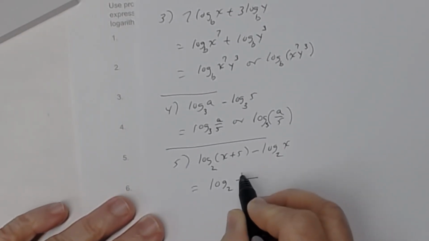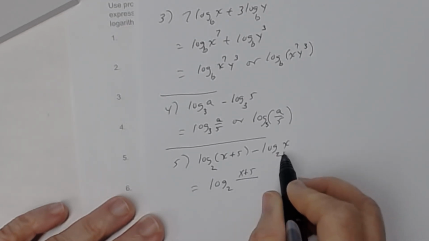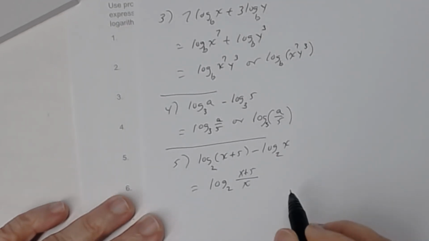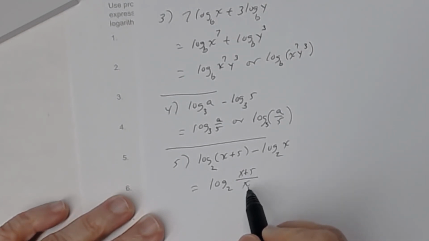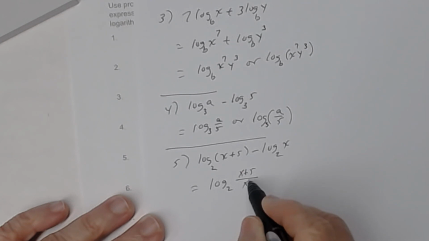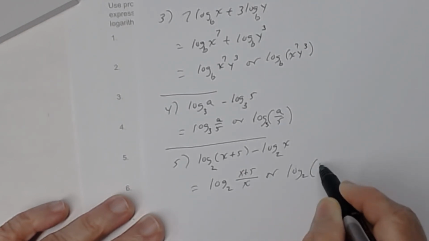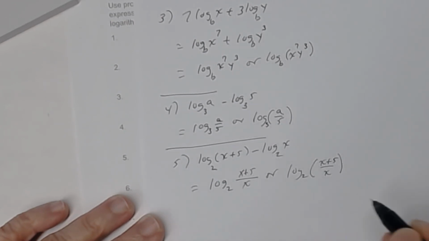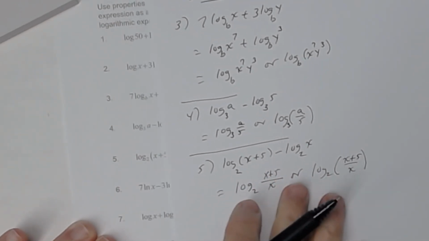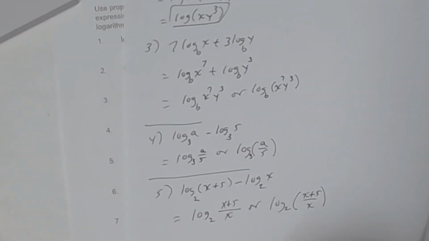So the log of the numerator, x plus 5, divided by the denominator, which is x. So the answer is the log of x plus 5 divided by x base 2. And if you want to, you can go ahead and write that in parentheses, just like this. Okay, number 6. So not that difficult, right? Very simple idea.